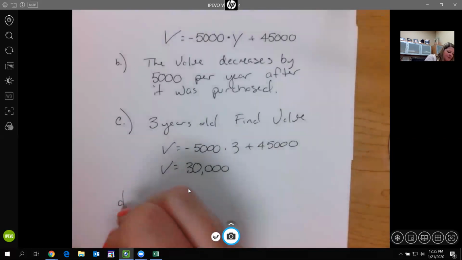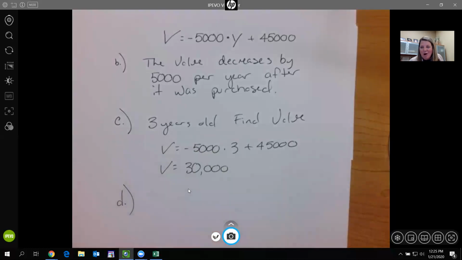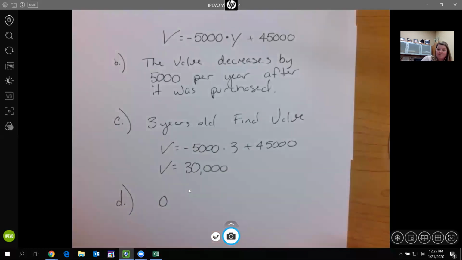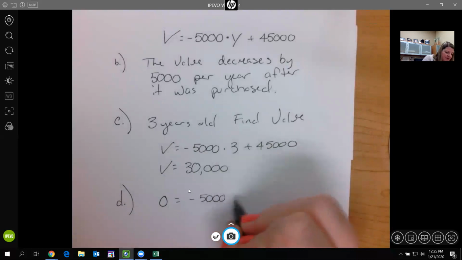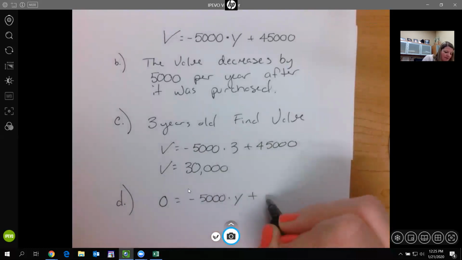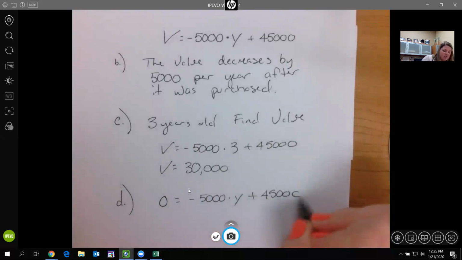Let's figure out also how many years till this car is worth nothing. Okay? So after how many years is the car worth nothing? So we have to think of the value we want to be 0, and it's got to equal negative 5,000 times our years plus the 45,000. So we'll just solve this equation.